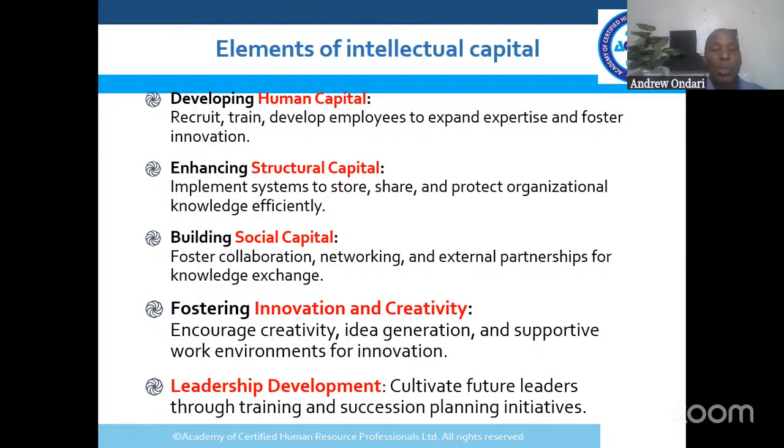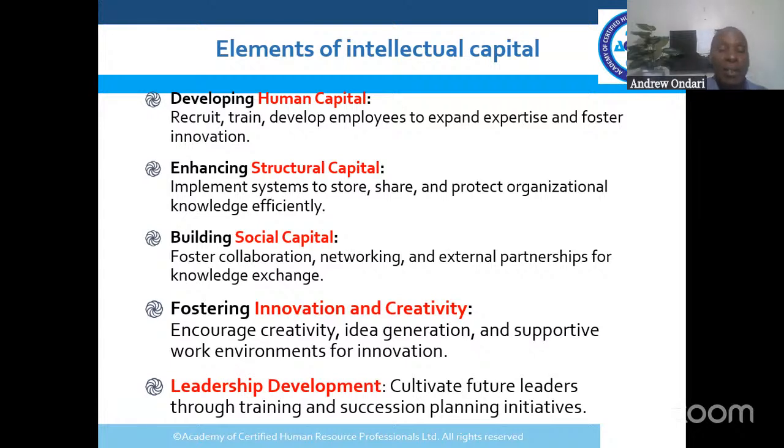That is social capital, where we share our experiences, we support one another, and also gain from the experiences other people have outside the organization. So through this collaborative effort, organizations are able to acquire, utilize, share, and disseminate knowledge.